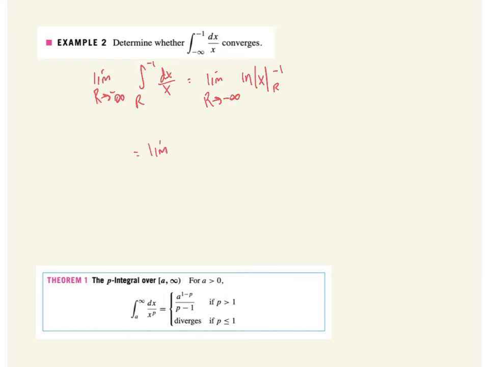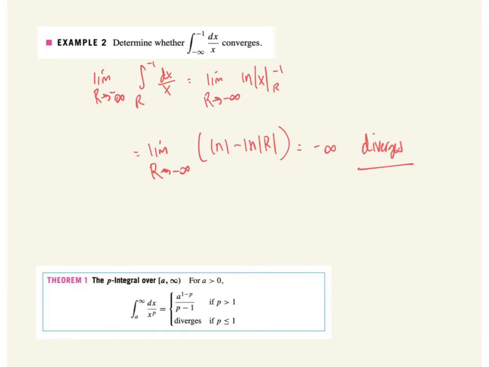So we have the limit as r approaches negative infinity of ln 1 minus ln absolute value r, which ln 1 is just 0. So if we take the limit as r approaches negative infinity of negative ln of r, we're going to end up with negative infinity here. So therefore this diverges.